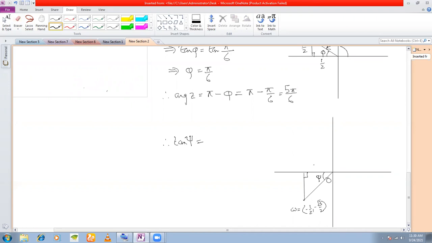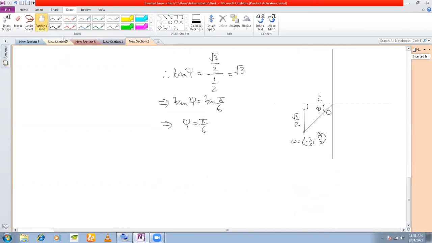Tan psi is equal to perpendicular by base, root 3 by 2 by half, only the magnitude, ignoring the signs, which is equal to root 3. That means tan psi is tan pi by 6, so psi is pi by 6.